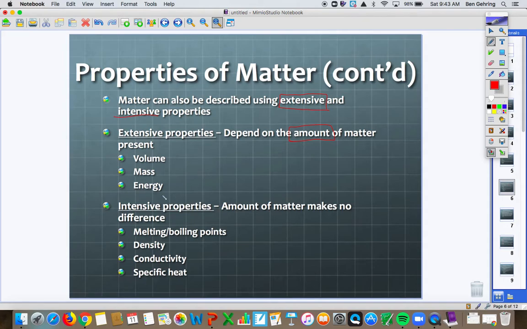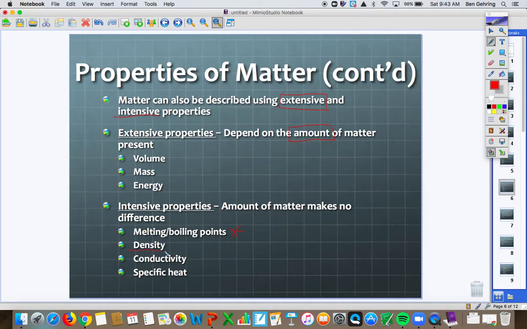Intensive, on the other hand, are things that the amount of matter does not change. Things like melting point and boiling point. Whether you have 100 grams of water or 200 grams of water, they both boil at 100 degrees Celsius. They both freeze or melt at 0 degrees Celsius. That doesn't change depending on the amount of water. Density is the same way.